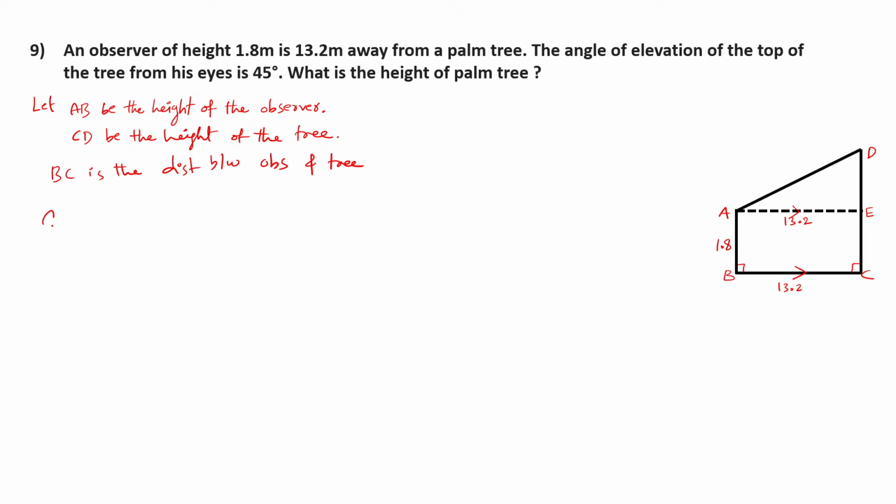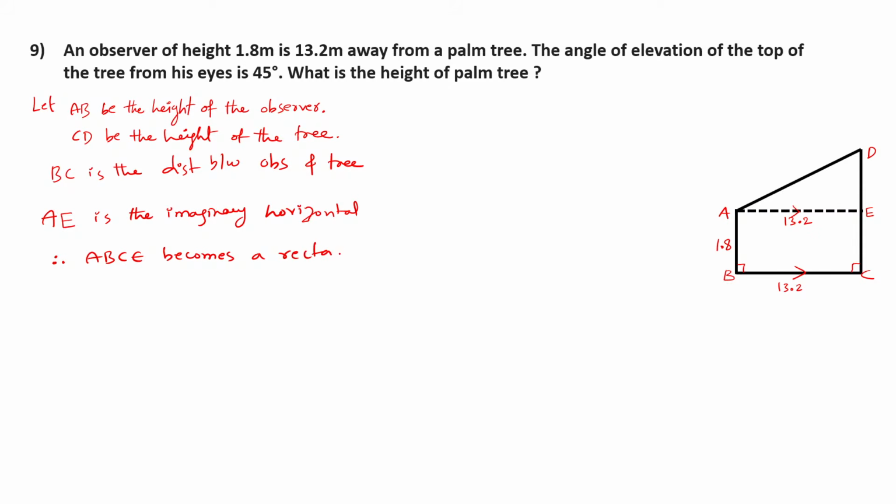Next, we need to assume an imaginary horizontal, that is AE is the imaginary horizontal. Very important step. Now, therefore, ABCE becomes a rectangle from the figure and properties.